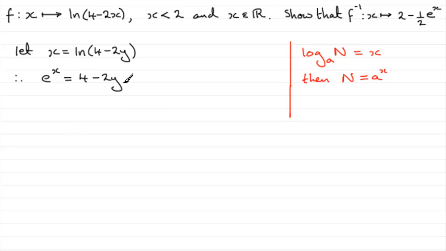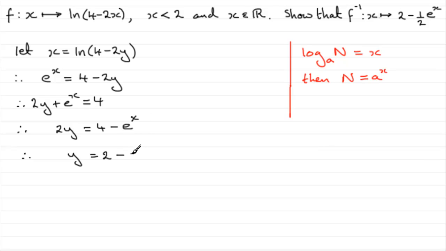So what I'd want to do now is add 2y to both sides, and if we do that we've got 2y plus e to the x equals 4, and then subtract e to the x from both sides and you're left with 2y equals 4 minus e to the power x, and then divide by 2, so therefore you end up with y equals half of 4, which is 2, and then we'll just write minus half e to the power x.